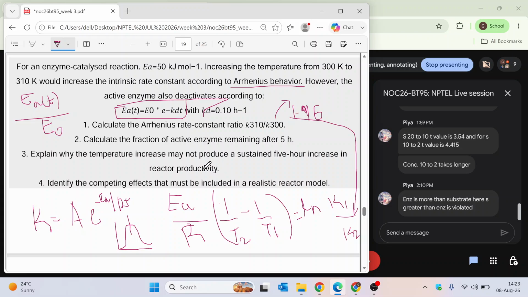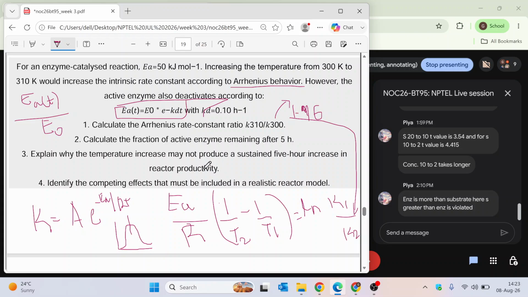And the last question is too much out of the scope of this course. I just added that question just to give you an introduction. So you have to consider the simultaneous Arrhenius behavior and the deactivation factors.